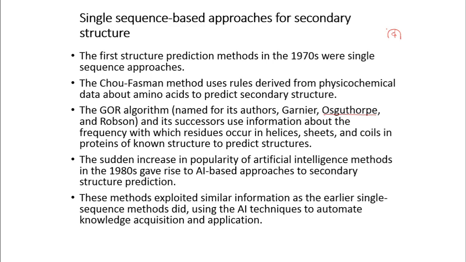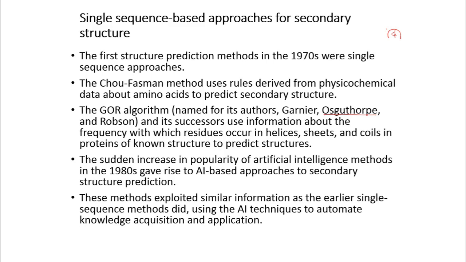What is the frequency of each amino acid residue to be in alpha helix, beta sheet, or coil? They call these the propensities of the amino acid residues to take up these secondary structures. They used that data for determining the secondary structure of an unknown sequence. This happened back in the 70s and late 70s.